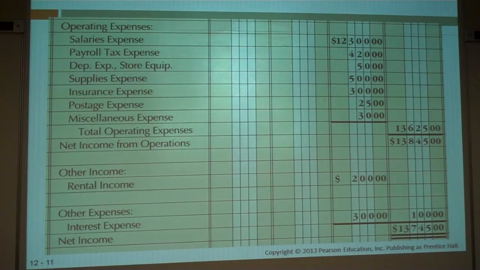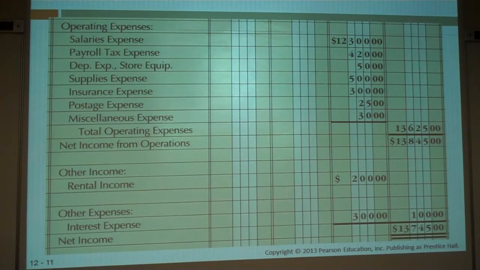We could have other income. That needs to be listed on there. We could have other expenses. If we're renting a piece of property that doesn't really have anything to do with what we're doing in our business to make a profit, we still need to include that. It could be that we're renting office space to someone. It could be that we're renting storage space from someone.